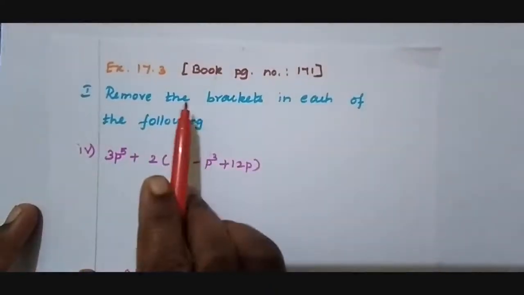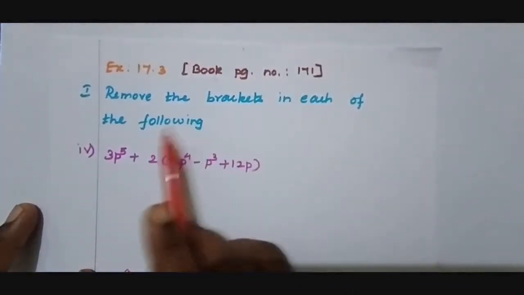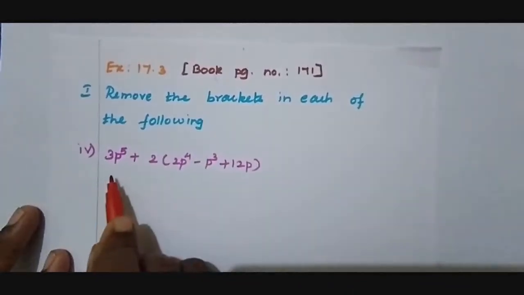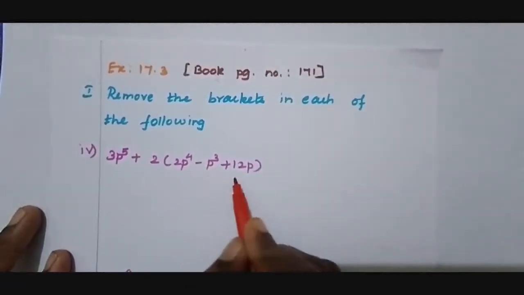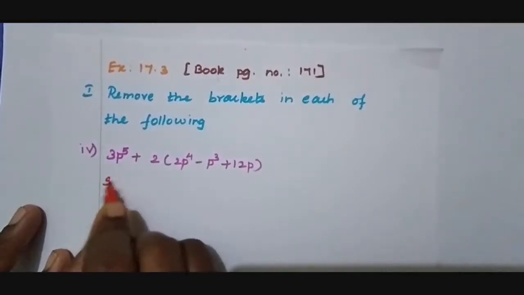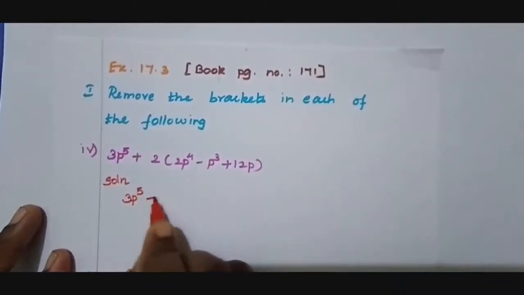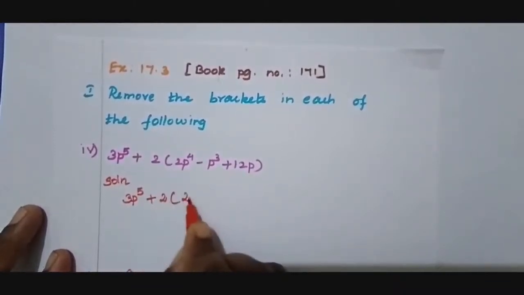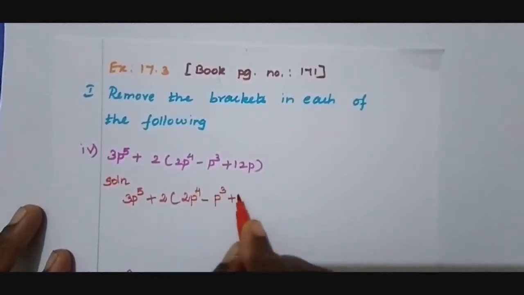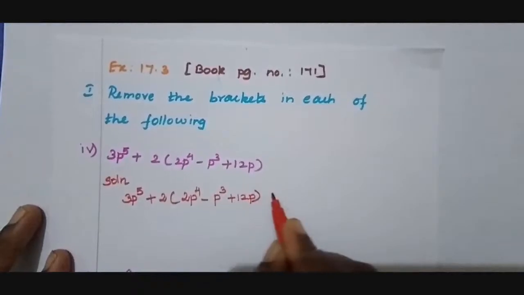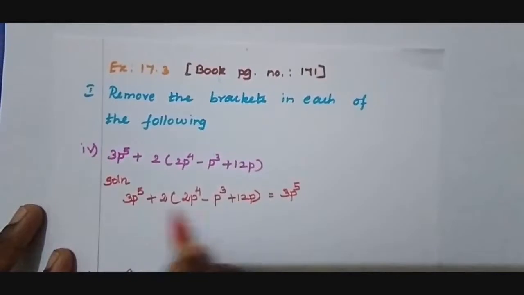Exercise 17.3 in your book, page number 171. Remove the brackets in each of the following. Here 3p power 5 plus 2 into 2p power 4 minus p cube plus 12p. Let us solve this one. 3p power 5 plus 2 times of 2p power 4 minus p cube plus 12p, which is equal to, write the first term as such. How do we remove this one?